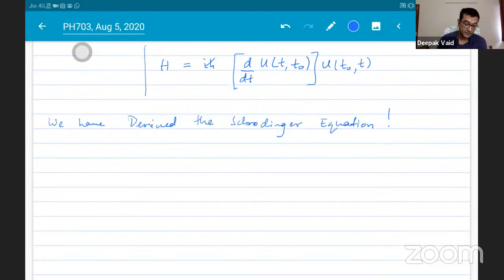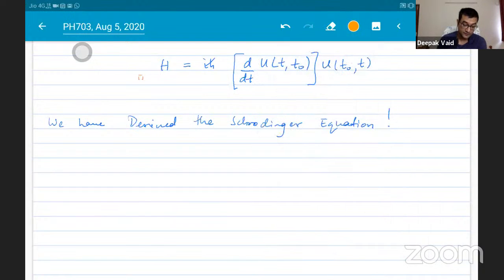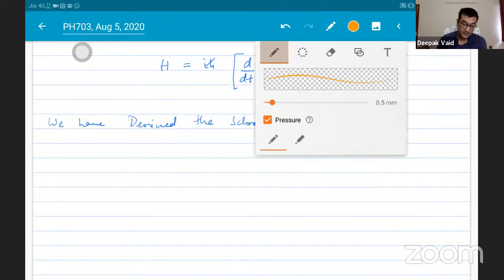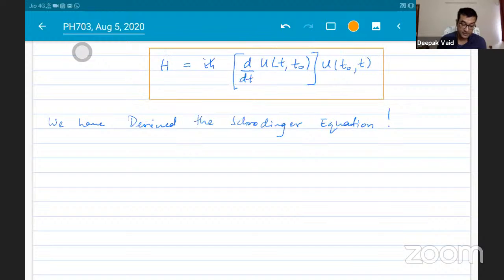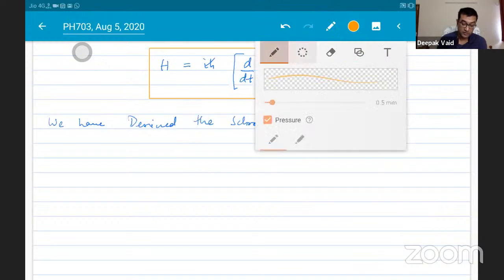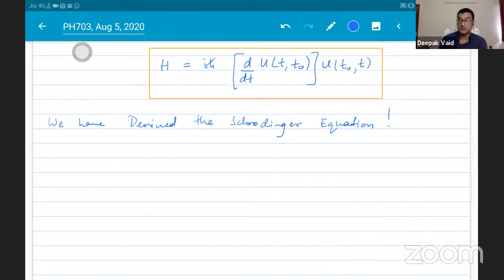And the answer to that is that no, it does. This is the derivation. But there is a lot more to be said, right?